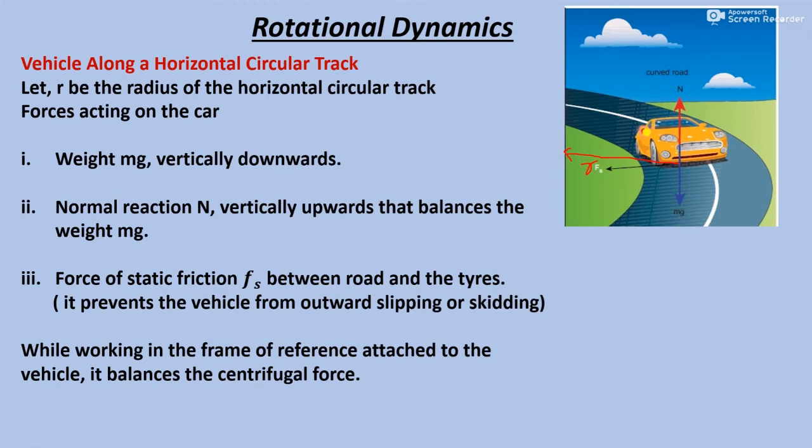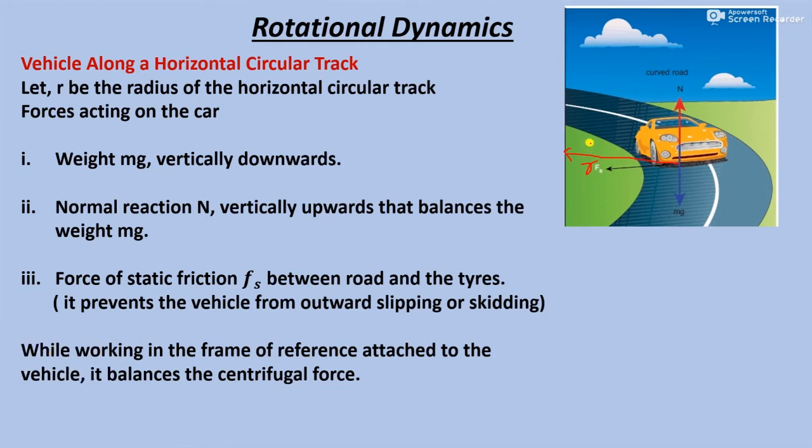Remember, while any object is taking a turn along a circular track, what will happen? There are two forces which are responsible for circular motion. One is centripetal force and another is centrifugal force. Centripetal force is always along the radius and always directed towards the center. And the centrifugal force is equal and opposite to the direction of this centripetal force.